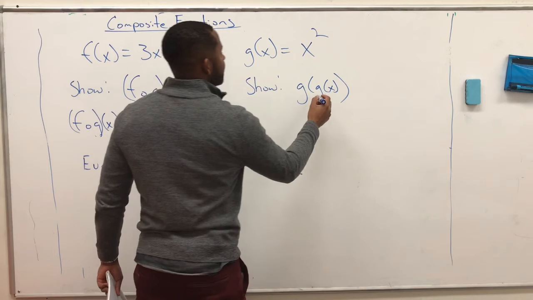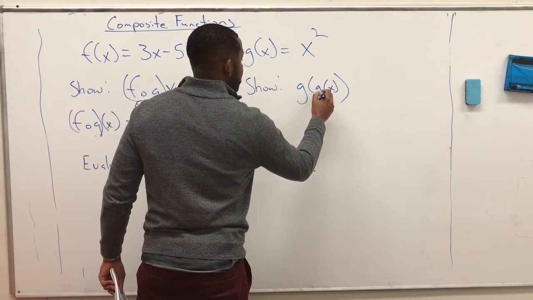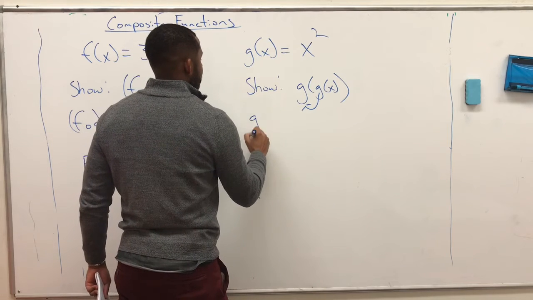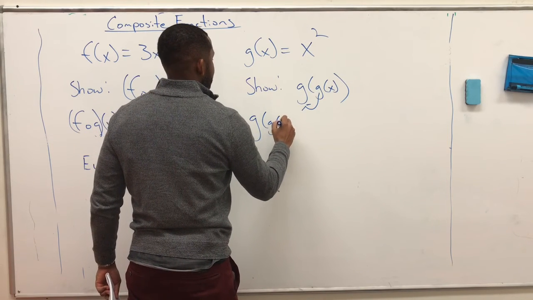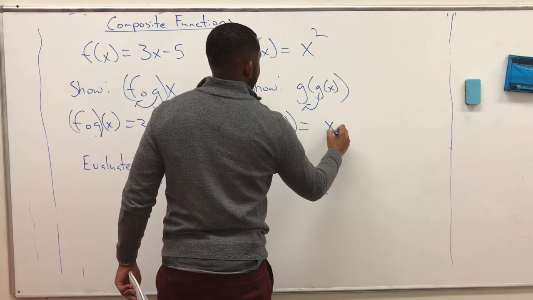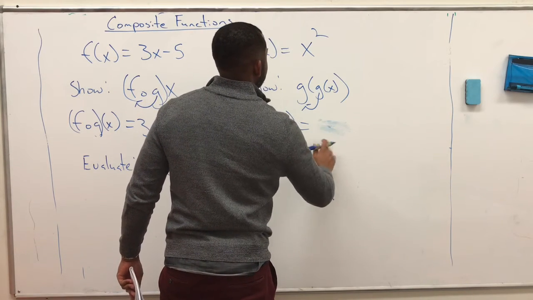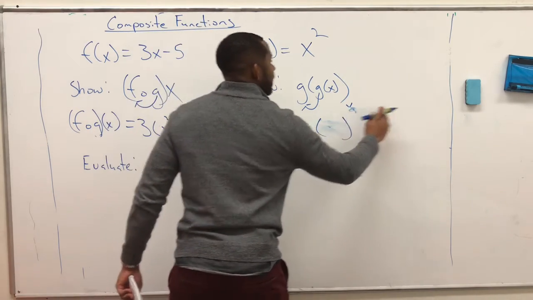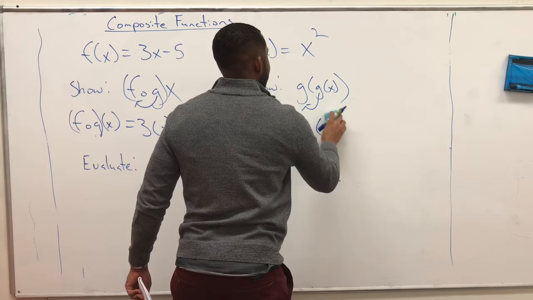Here, I actually want you to find g of g of x. Alright, so that means I'm putting g of x inside g of x. I know that g of x is x squared. When we get rid of x, oh my gosh, I'm gonna struggle right here.